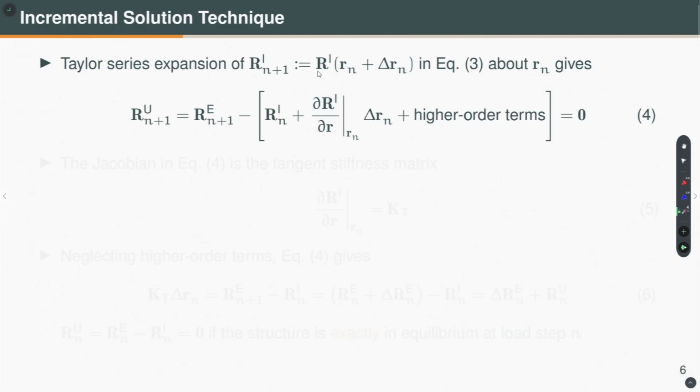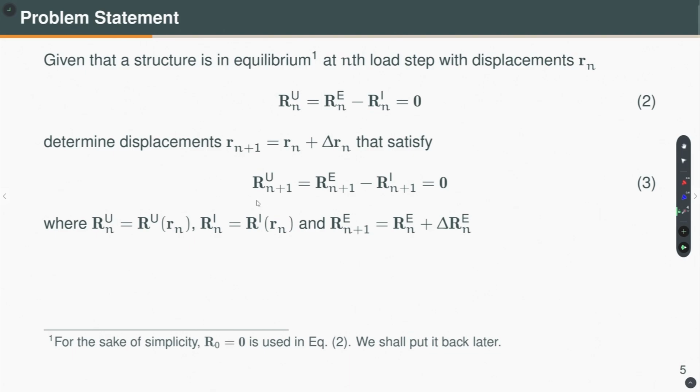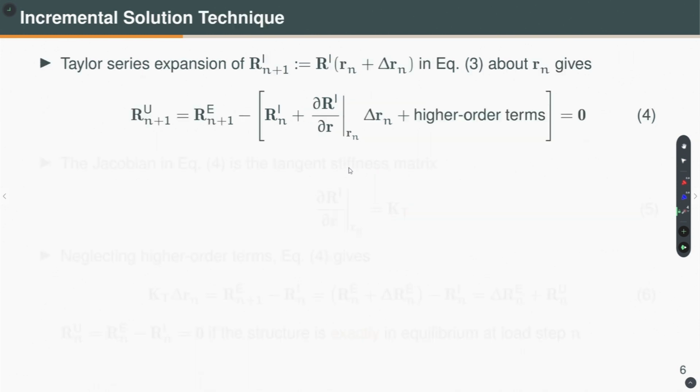If I go back to the previous equation, I am rewriting this equation, where I am doing a Taylor series expansion of R_I n plus 1. So, if I do that, then R_u n plus 1 is the external force at n plus 1 minus this Taylor series expansion of R_I n plus 1. Okay. So, there are higher order terms, and we want this to be equal to 0.